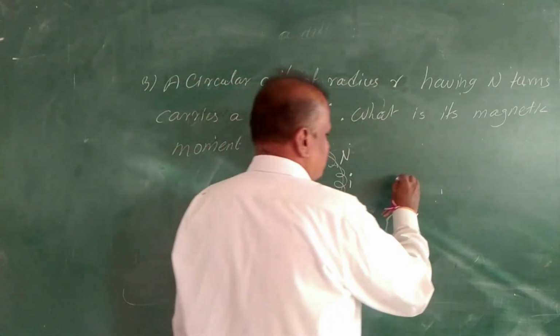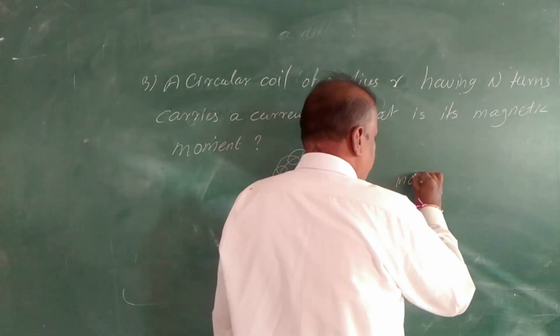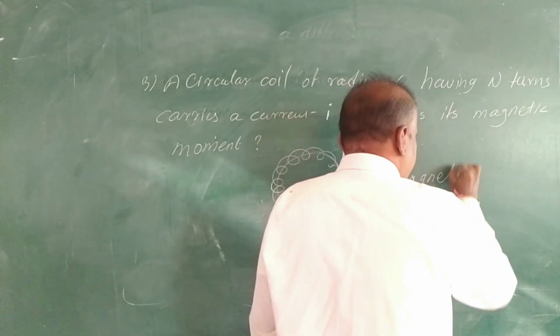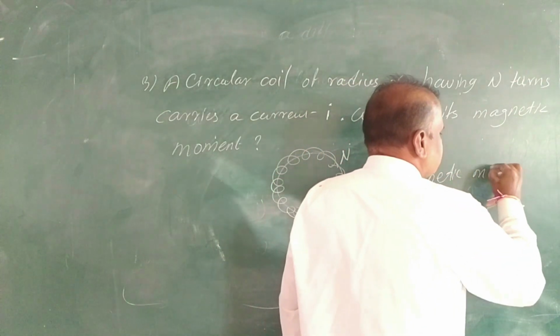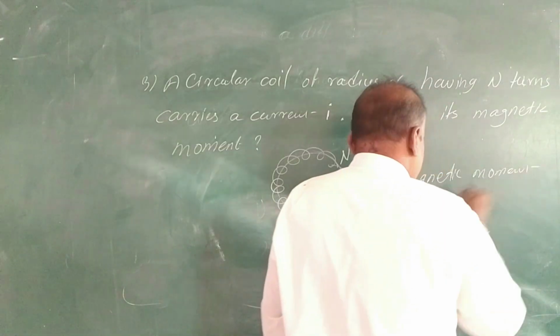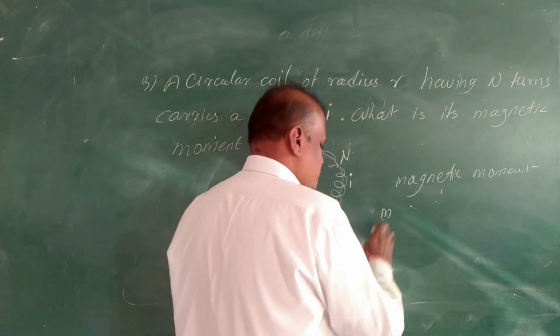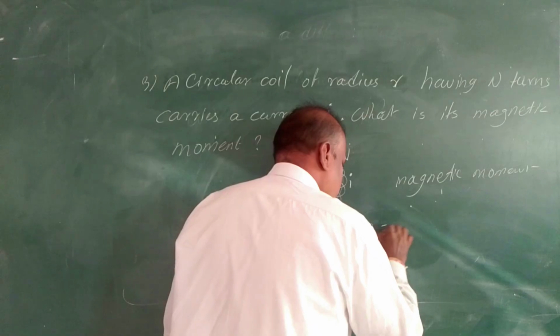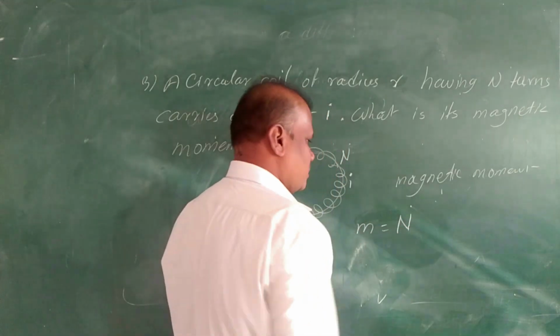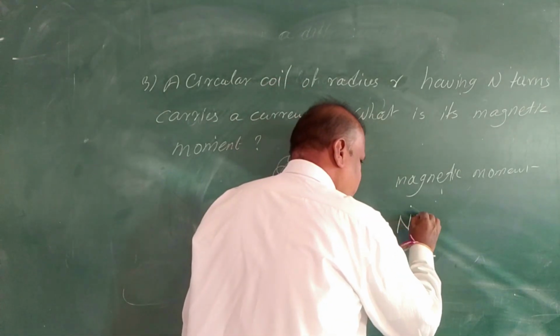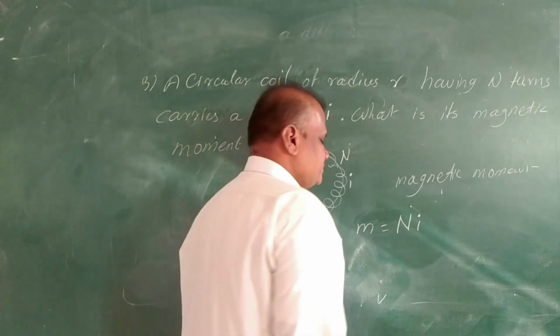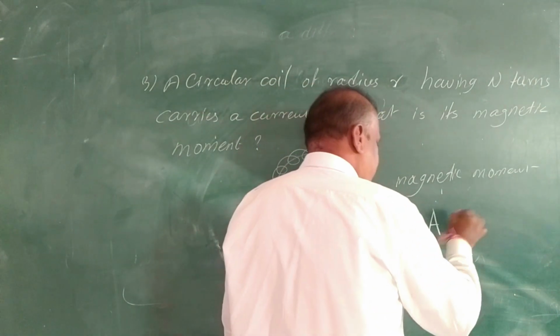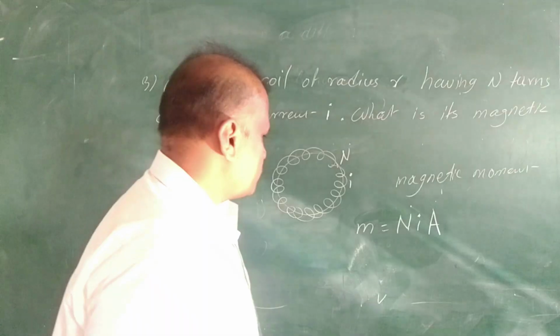So we have a direct formula for the magnetic moment, indicated as small m. Small m equals the number of wire windings, that is turns, times the current flowing through the circular wire winding, times A, where A is the area.